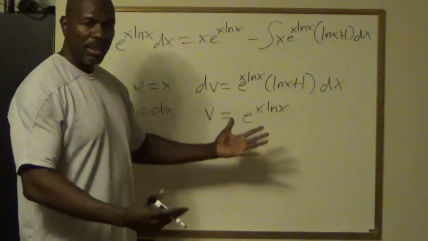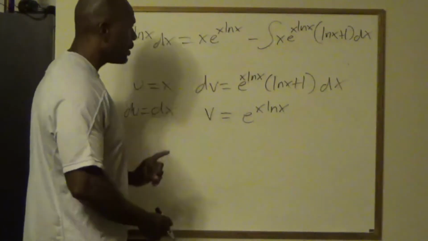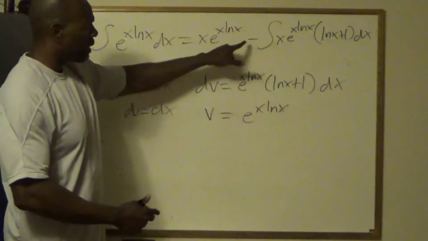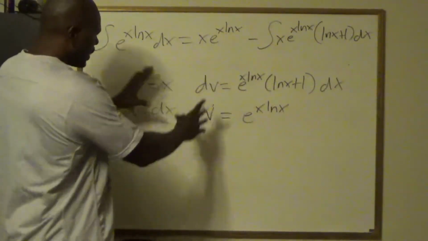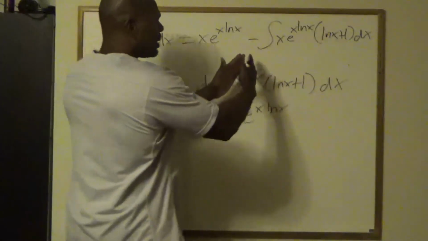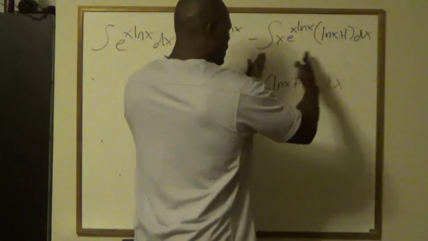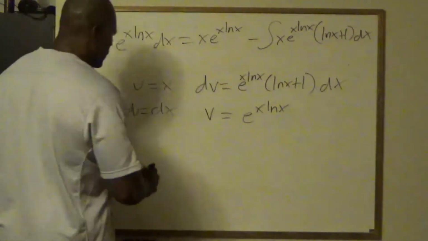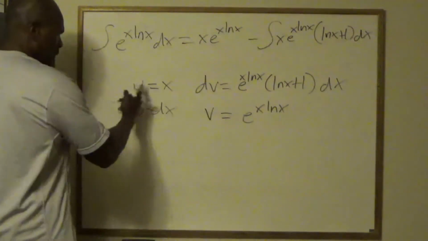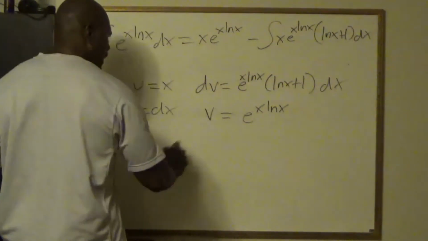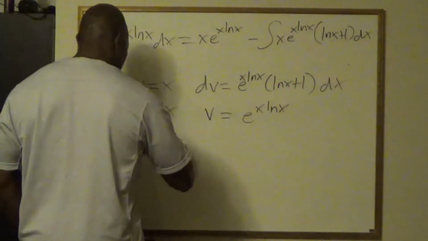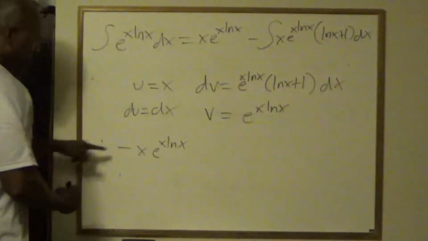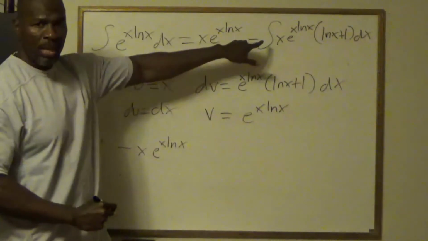It seemed like everything is solved. So let's apply integration by parts. Now, recall, there's a minus sign in front of all this. So everything I'm developing here is this integral right here. So we do integration by parts. So we have u times v. This is x times e^(x ln x). And again, there's a minus sign in front of this due to the minus sign right here.